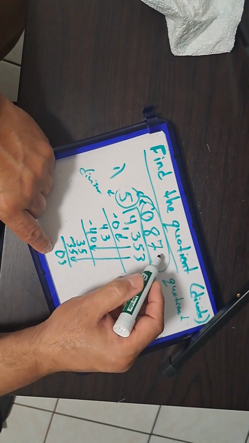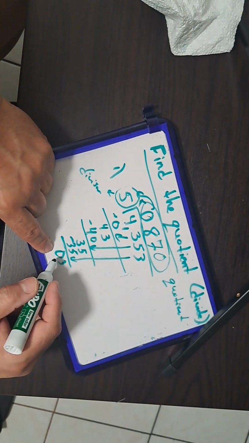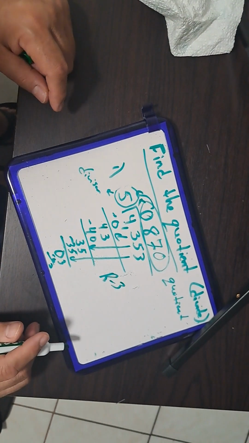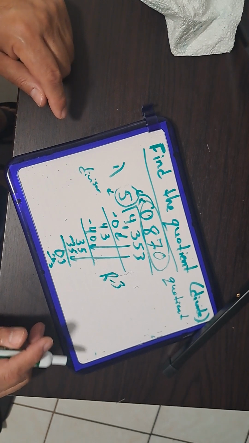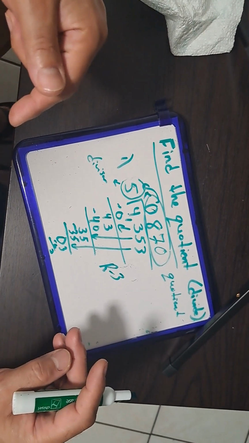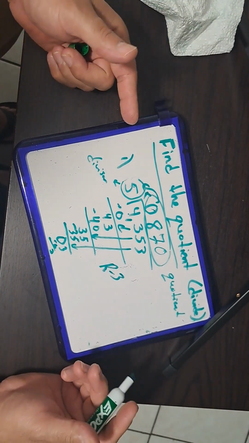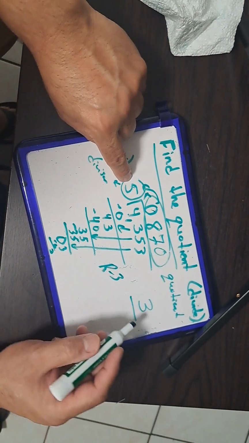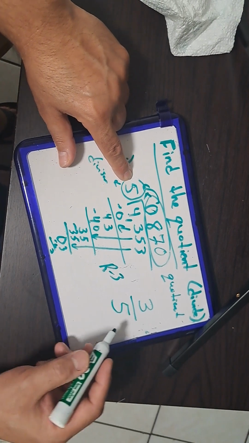5 into 3, it doesn't work. You add the zero. Now you have a remainder of 3. Right? In that case, if they ask you to show the remainder as a fraction, the remainder will go on top, and the divisor will go on the bottom. Okay?